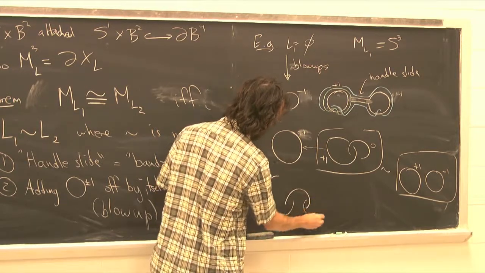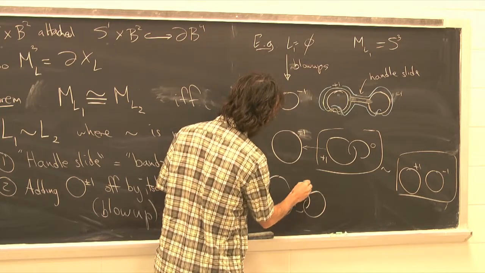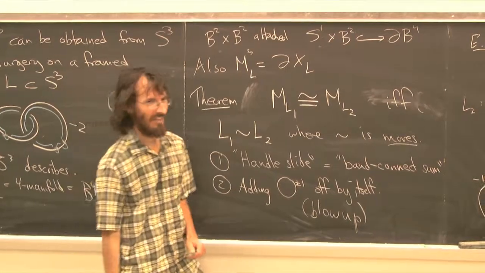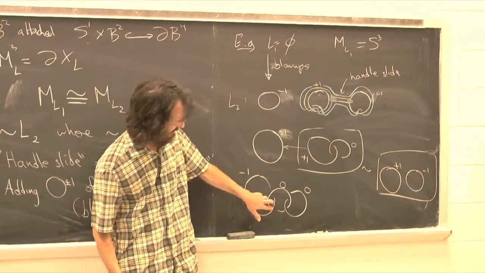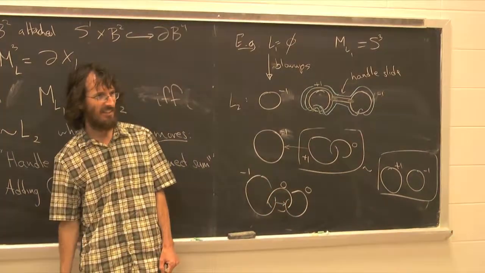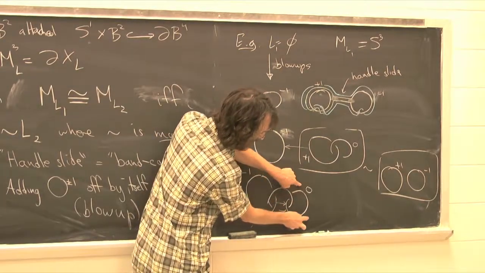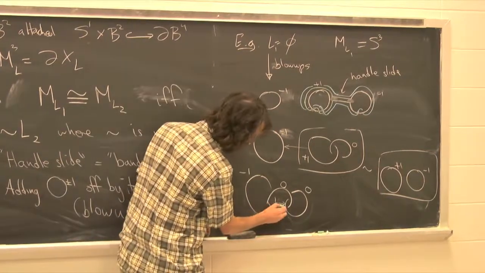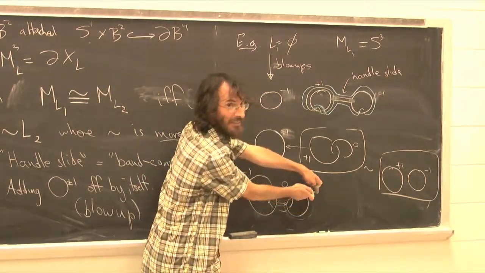So I'll get this and this, and these will both be frame 0. Okay. And now there's one more slide I want to do, which is I want to finally slide that over that. And when I do that, notice that sliding over a 0 frame thing is easy. I don't have to think really much about frames at all. No frames will change. And this will come around, and it'll just go around the outside. It'll pop off of everything again.